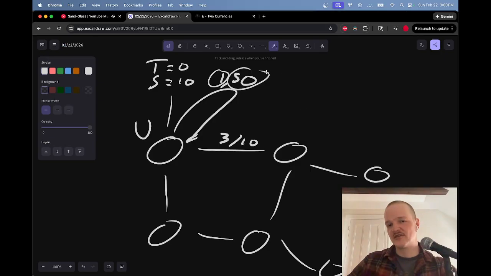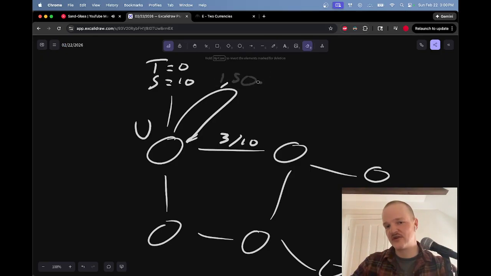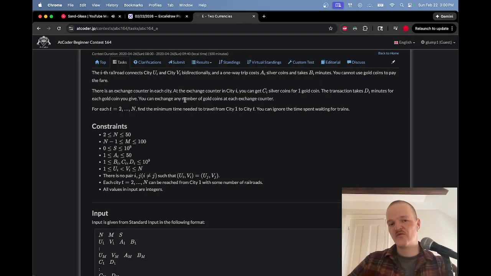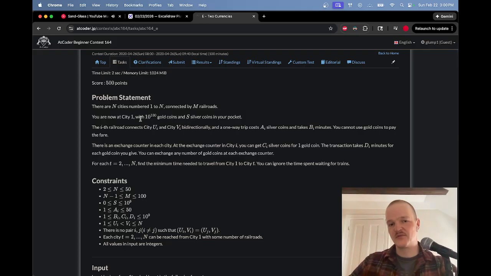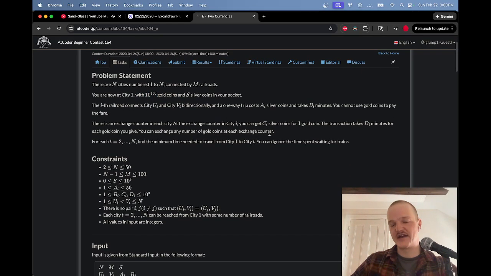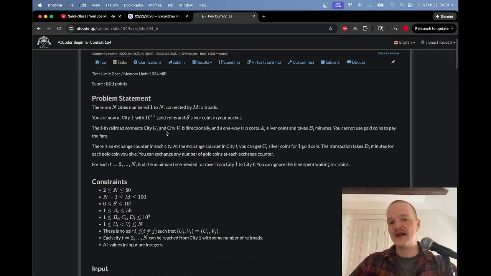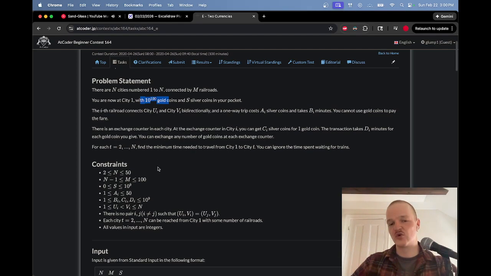I would argue that this is actually a little bit orthogonal to Dijkstra's. This is more just graph theoretical thinking, which is, first things first, forget the gold, 10 to the 100. That doesn't matter, right? That's irrelevant. We will never spend 10 to the 100 gold coins.